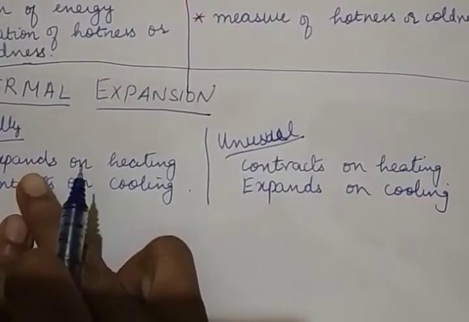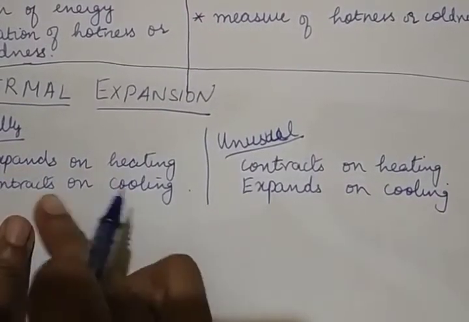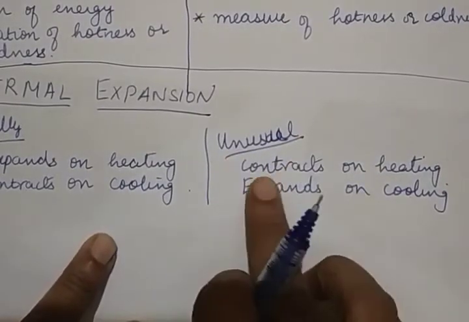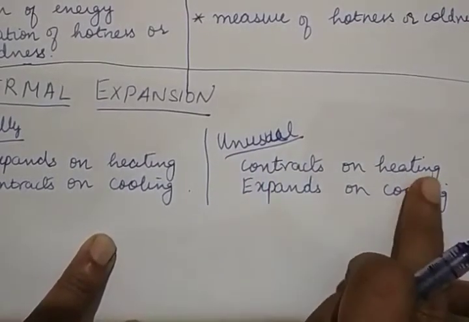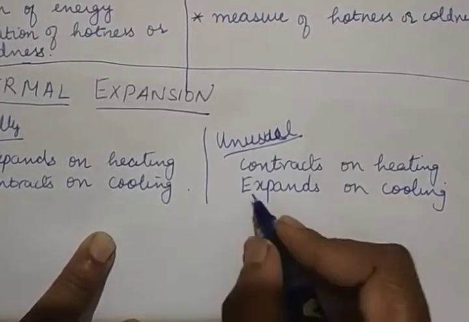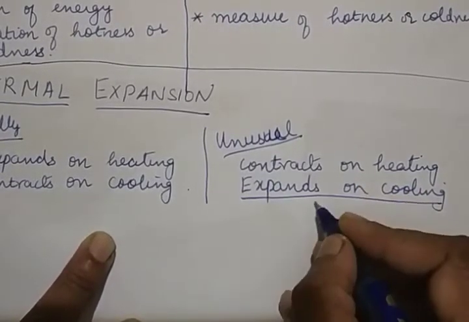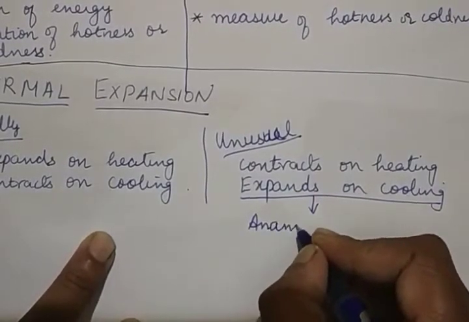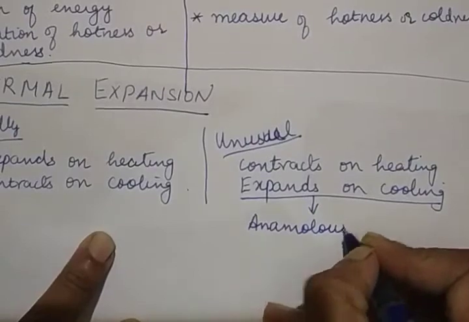So generally, matter expands on heating and contracts on cooling, but there are some substances which show an unusual behavior, that is, they contract on heating and expand on cooling. This is given a name called anomalous expansion.